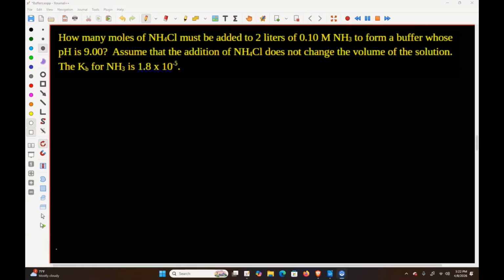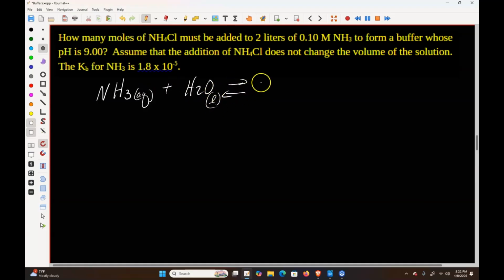Okay, in this equation we will have ammonia reacting with water to produce ammonium and hydroxide.